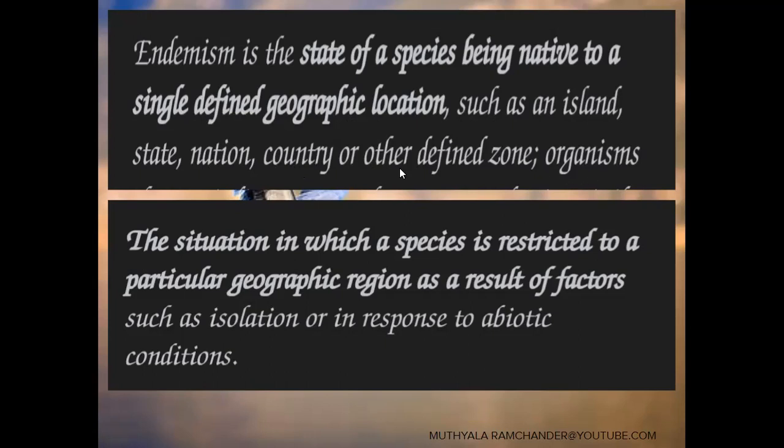It is the situation in which a species is restricted to a particular geographical region as a result of factors such as isolation or in response to abiotic conditions. Endemism means the native place of a living organism. The native place is more comfortable for the living organism's life cycle. All these topics belong to the values or uses of biodiversity.